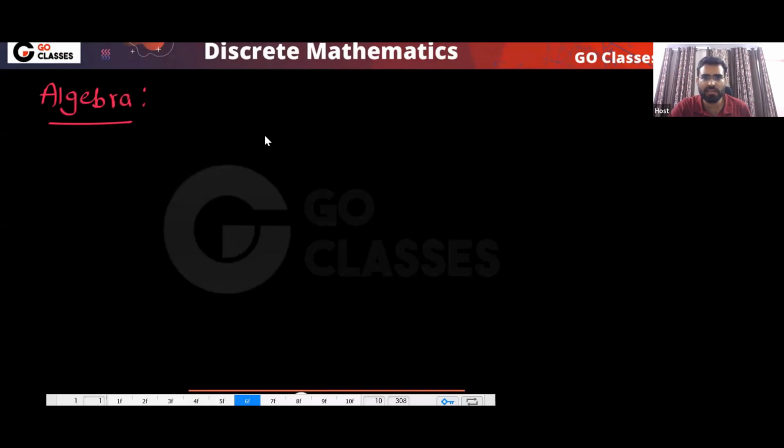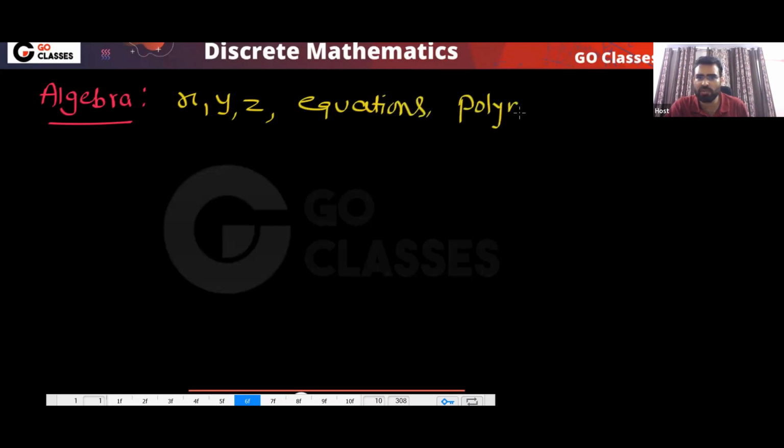Some variables, equations, right? x y z will come, some equations will come, some polynomials will come, some plus minus will come, and so on. These things will come to your mind when you see this word algebra.